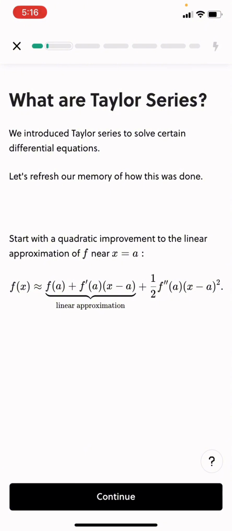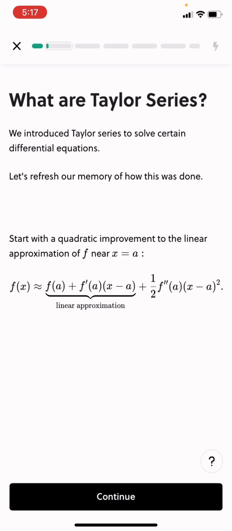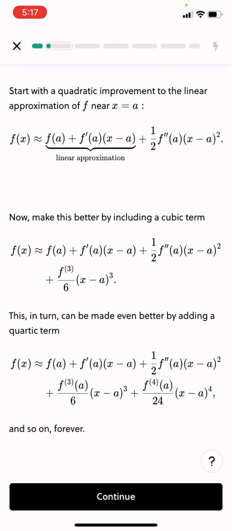The estimate right now, the function of x would equal f(a) plus f prime(a) times (x minus a), plus 1 over 2 f double prime(a) times (x minus a) to the second power. It kind of repeats like that as you go farther into the powers, but right now it's usually just important to find f prime and f double prime.